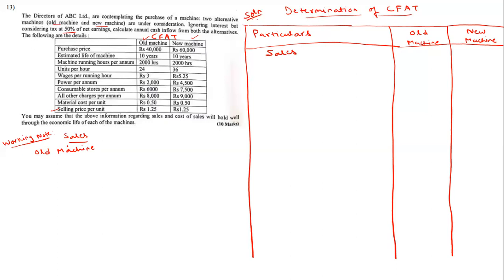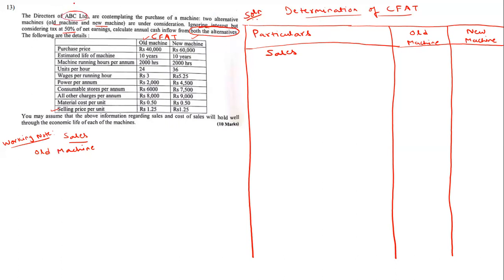You may think now, why is it that we are talking about the old machine and the new machine? Remember that we are ultimately targeting both the alternatives in the question, which is the old machine and a new machine. There are two alternatives, and we get the sales from the business, that is ABC Limited.